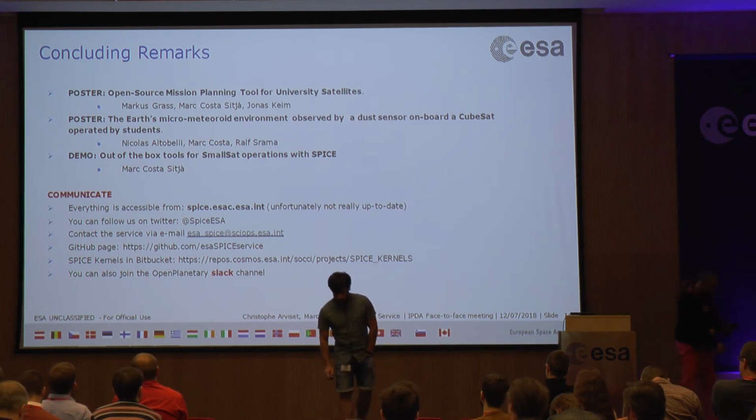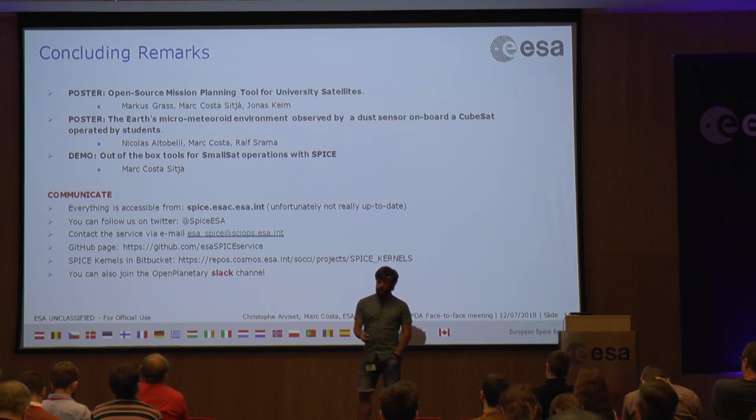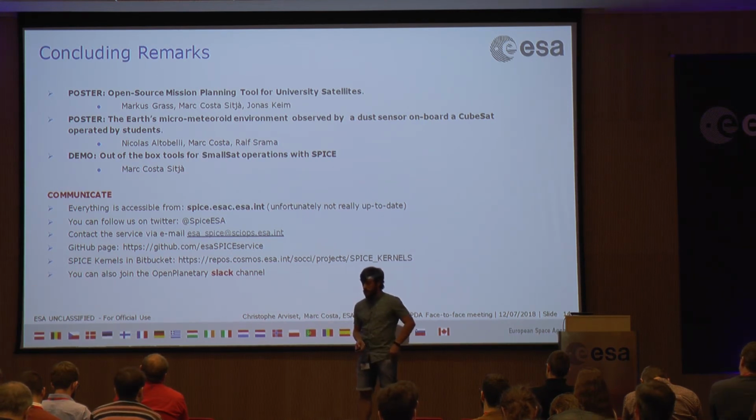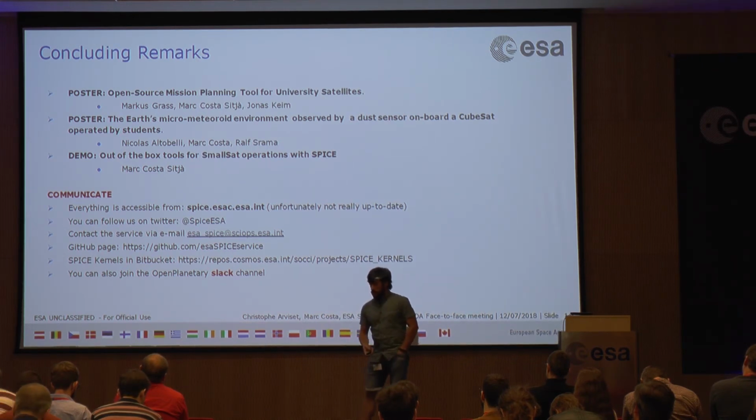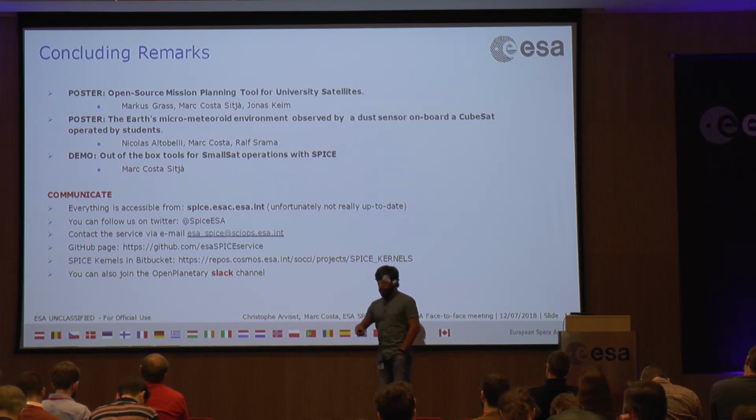It's true that so far, that we know, there's no Earth observation mission that has adopted SPICE completely. We know that SMOS uses it in a very reduced fashion. We would like to try to introduce it to Earth observation missions, at least for ESA. The thing is that nothing prevents anybody working on an Earth observation mission from using SPICE.